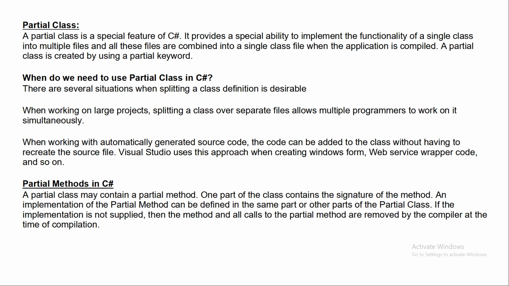So partial class, as the name depicts, is partial. Suppose you are working on a big project and everybody is using the same class. Suppose I have to implement two methods, you implement two methods, and another one implements two methods.